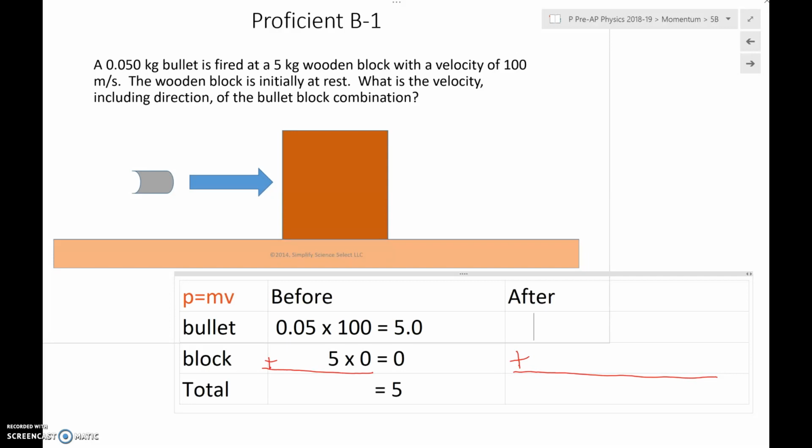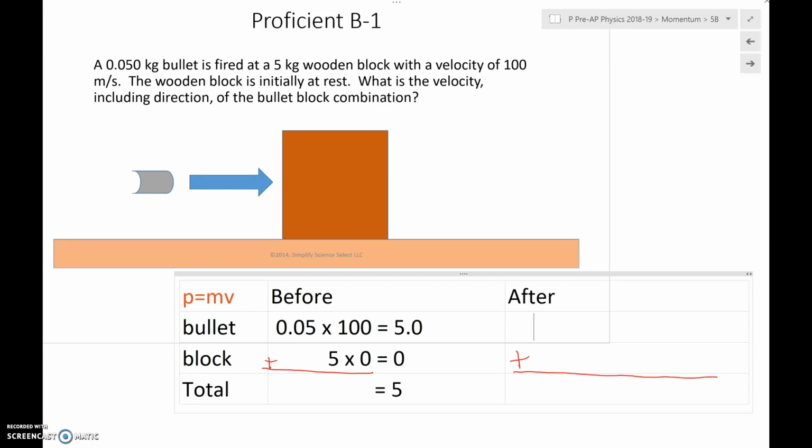If you don't have a number, you put in a variable. If the bullet hits the block and they stick together, what does that say about the velocity of each object? They've got to be the same. So I don't have to do a V1 and a V2. It's just V because they're the same.